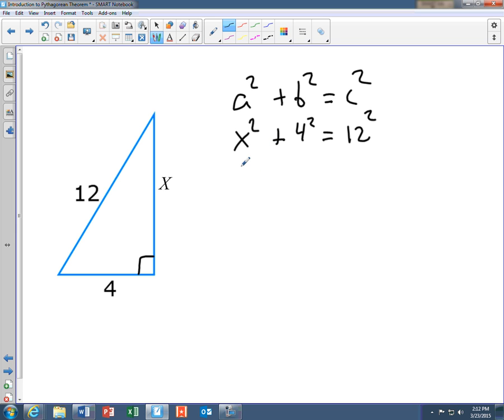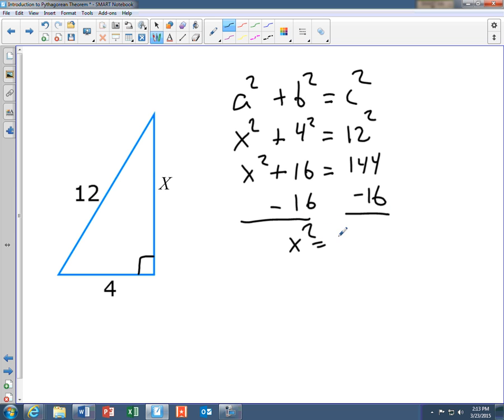Okay, let's simplify this stuff. That's x squared plus 16. 4 times 4 is 16. 12 squared is 144. I have to get x by itself, so I subtract the 16 out on both sides. And I'm left with x squared equals 128. Let me verify that math. 144 minus 16 is 128.